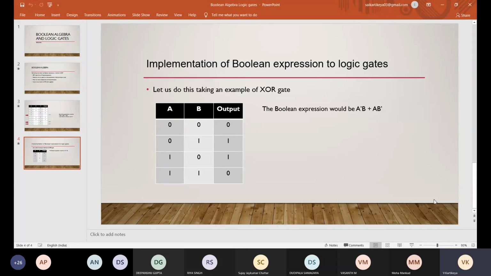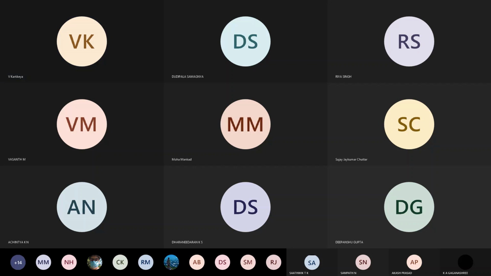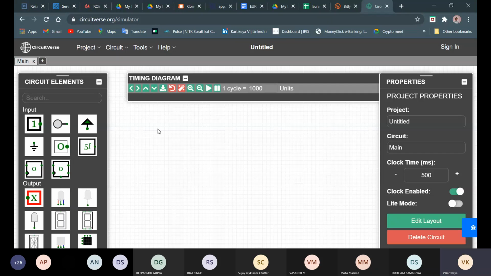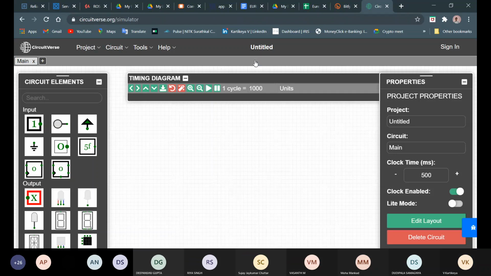And now I'll show you the implementation in this site called Circuitverse, for which the link has already been shared with you guys in the chat. So for the XOR gate, you could obviously... Is Circuitverse working for you guys? Anyone?